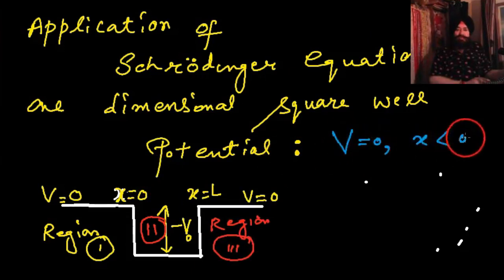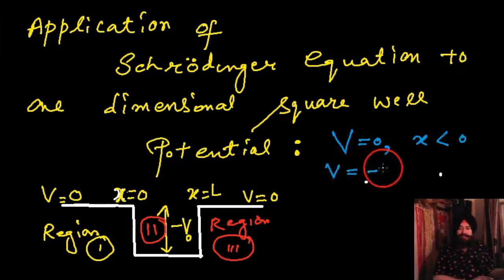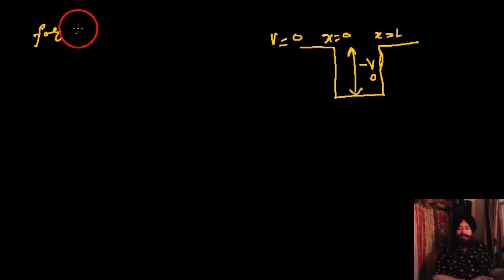So potential is equal to 0 when x is less than 0, meaning the left hand side. Potential is minus V naught inside the well, and to the right of the well potential is again 0.